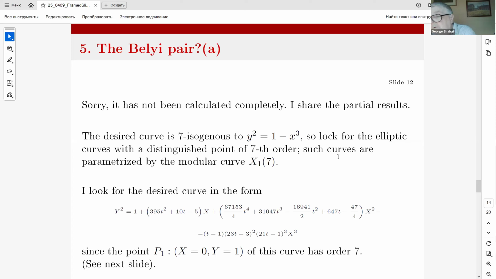And of course, our Belyi pair is going to be compositionally reducible. And its way to P1 goes through the standard Belyi function on the curve with j-invariant 0.